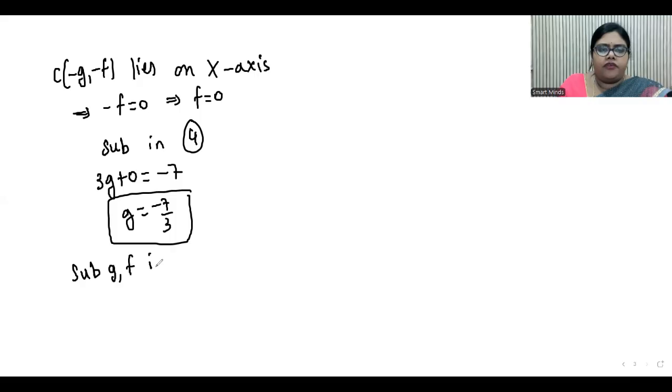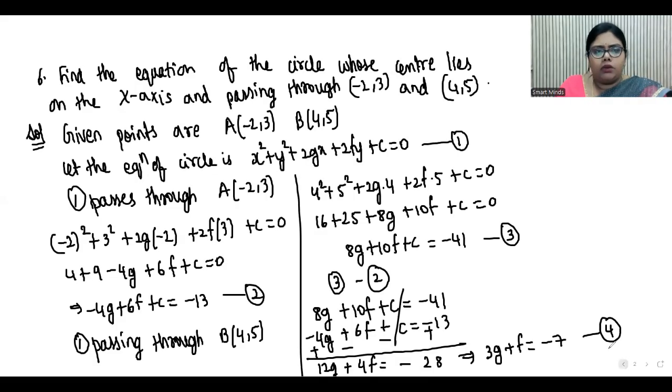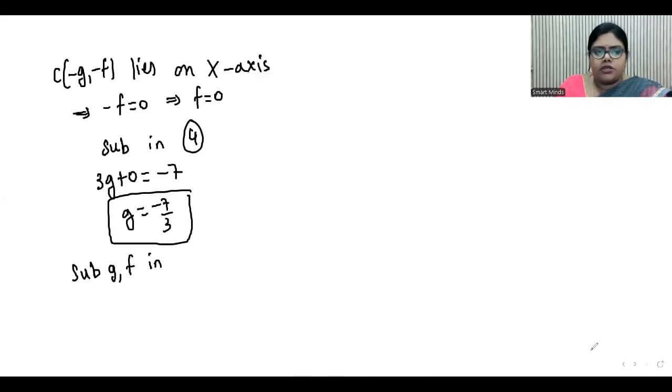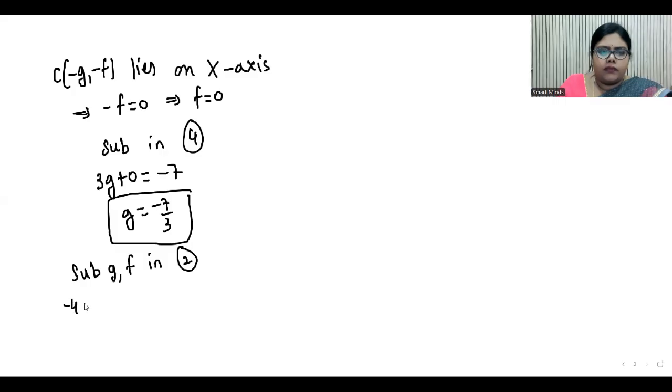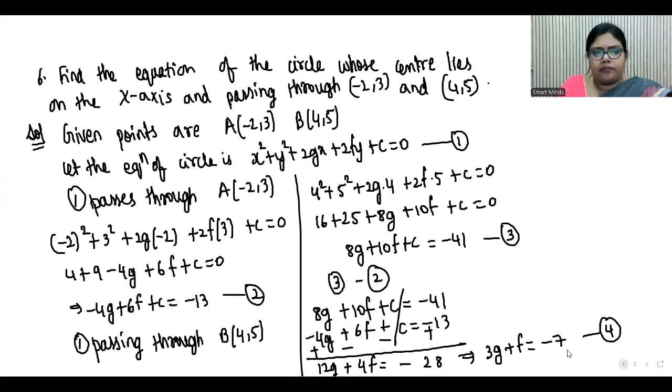Substitute g and f in equation number 2. What is the second equation? You can substitute in either 2 or 3. So the second equation is minus 4g plus 6f plus c is equal to minus 13.